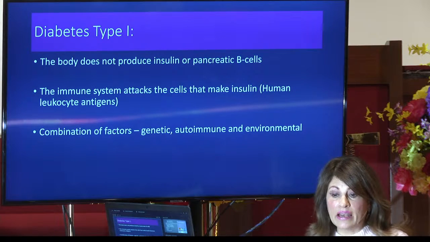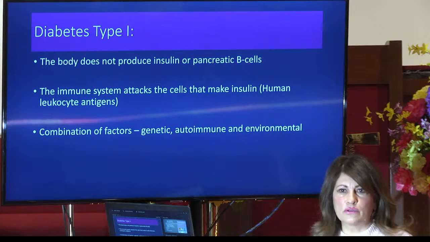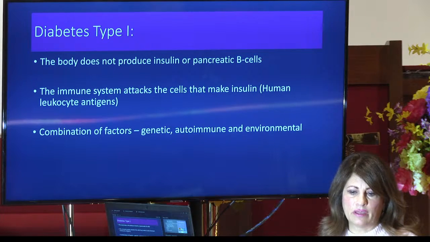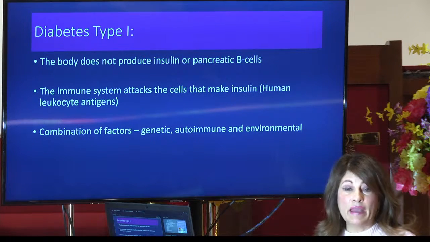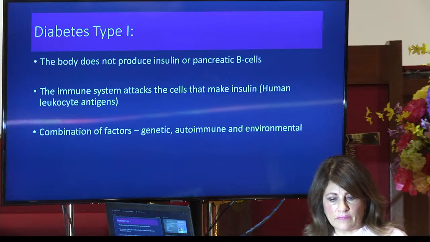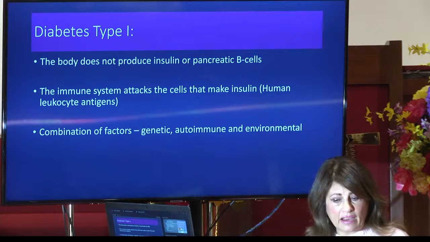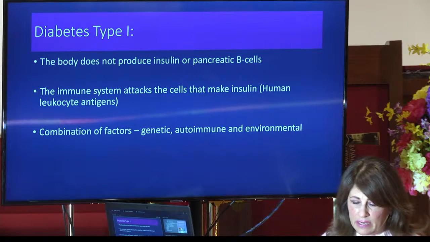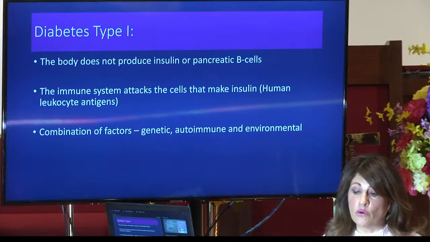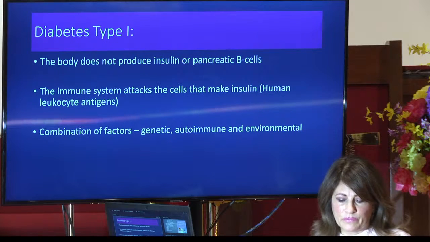In diabetes type 1, the body does not produce insulin or pancreatic B cells. The immune system may have attacked the cells that make insulin. They're called human leukocyte antigens. There's a combination of factors that affect diabetes patients. They may be genetic, autoimmune, or environmental.